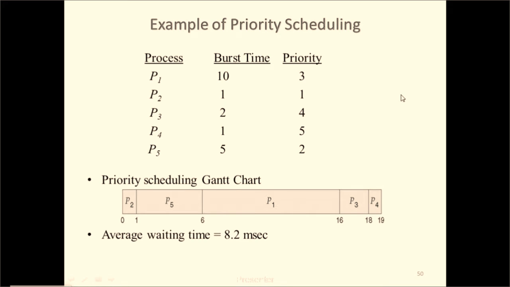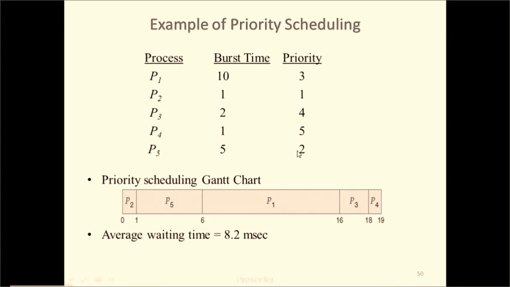What we observed here is that for any priority there is only one process, right? On priority level 1 there is only one process, on 2 there is only one process, and so on. Now the question is, what if we have more than one process with the same priority?